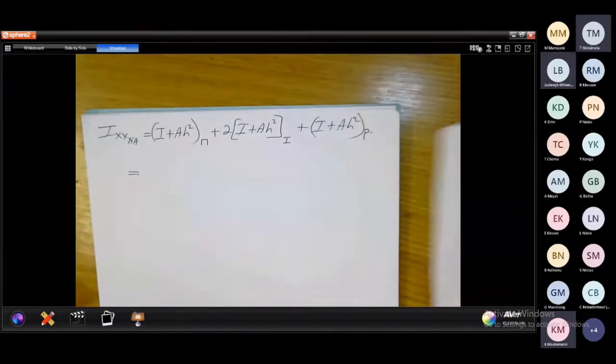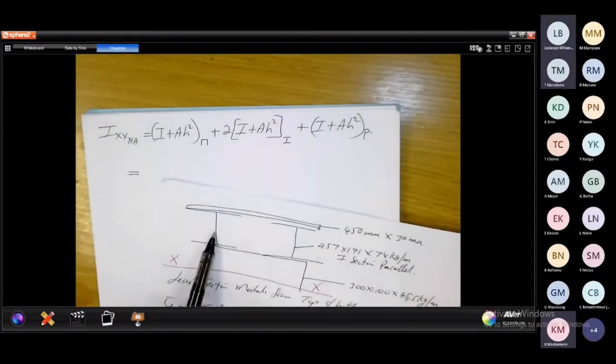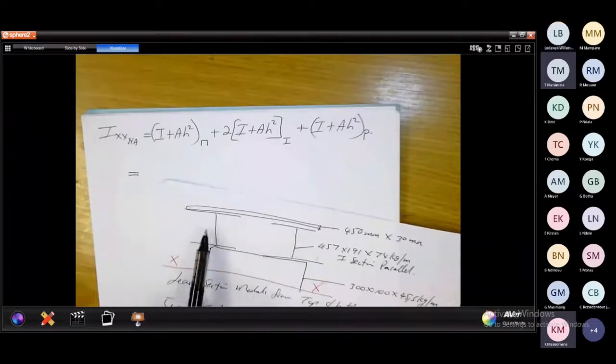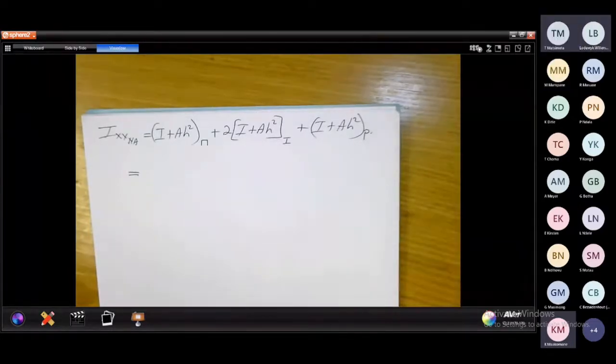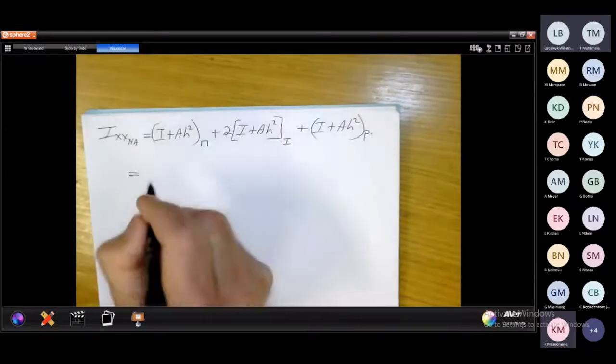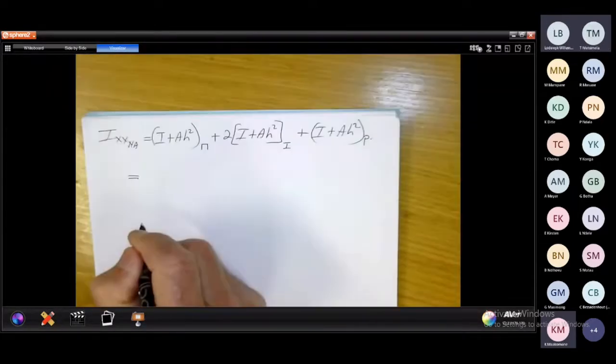Because there is two I's. There's an I here and there's an I there. It's two I sections. Right. Anybody can tell me what is I for the channel?